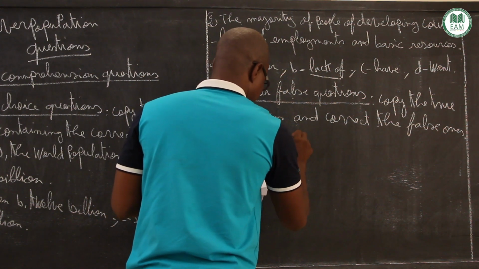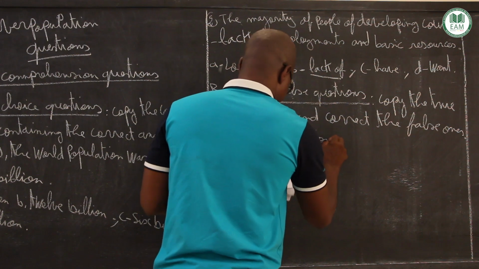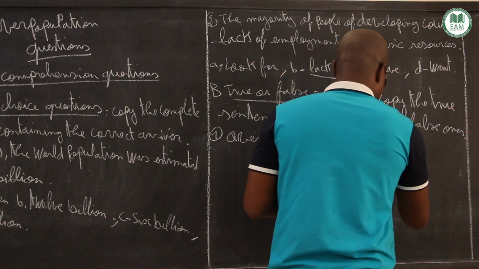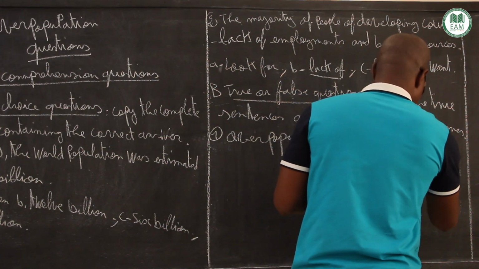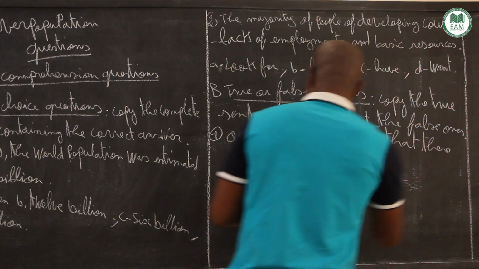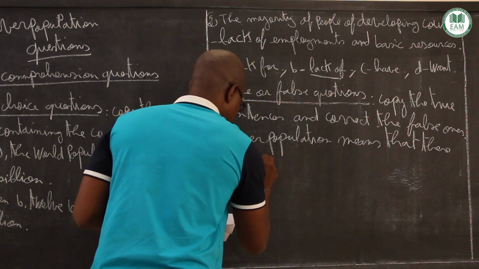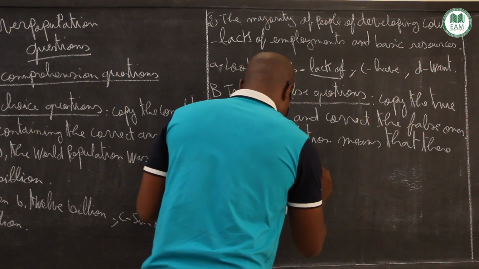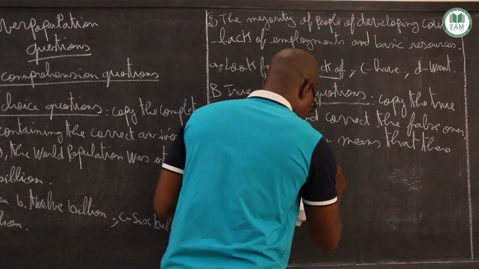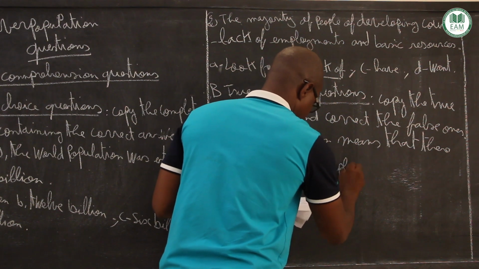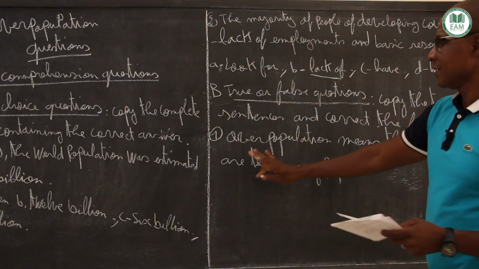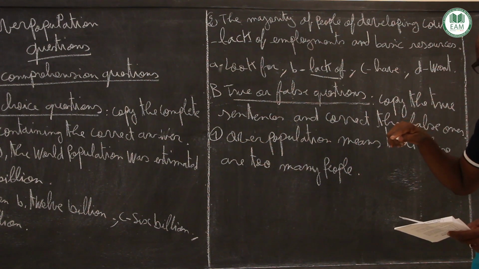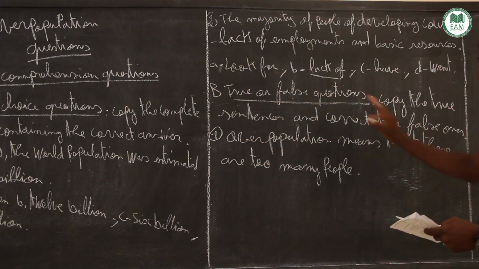Overpopulation means that there are too many people. So the sentence is correct. So if it is correct, we don't change, we just copy down like that.